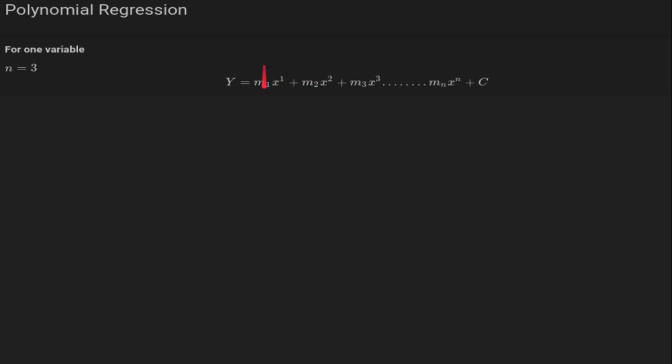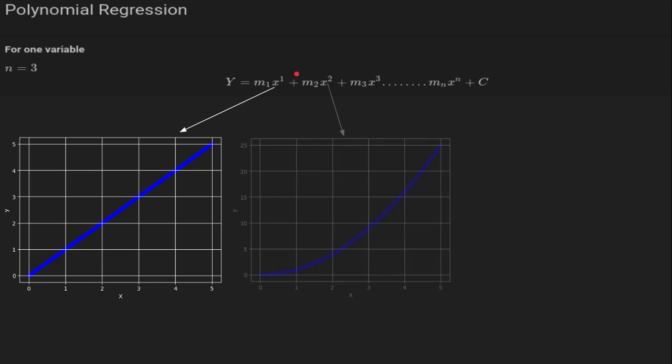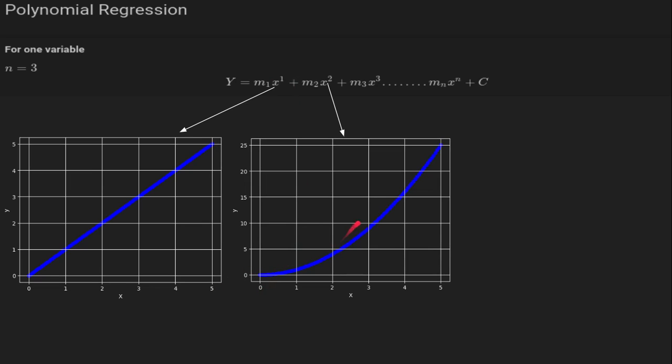Let's see, when y is equal to x, where the slopes of all coefficients are right now set to 1, so you can understand very clearly. When y is equal to x, we get the straight line. If we just increase the power, now you can see we get the bent, curved line.